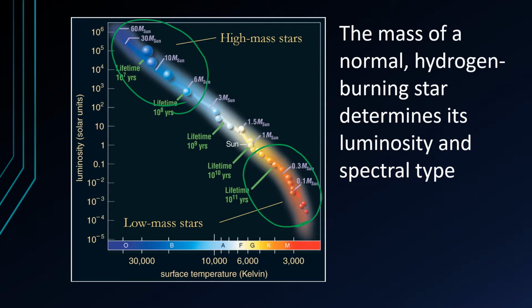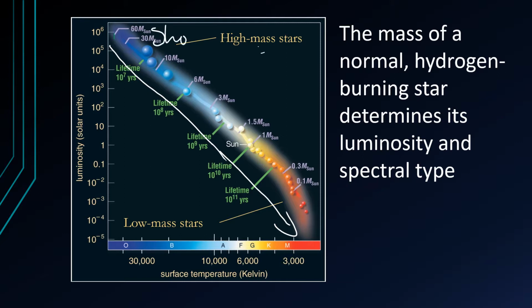And so up here, we can also tell the lifetime of these stars. Going back to what we can learn from the HR diagram, as we go down, we have a short lifetime here and a long lifetime here.